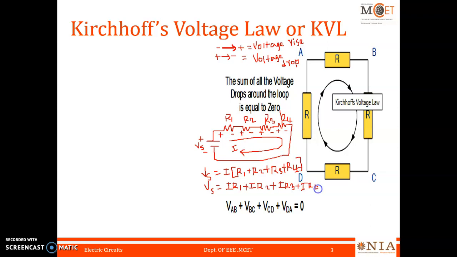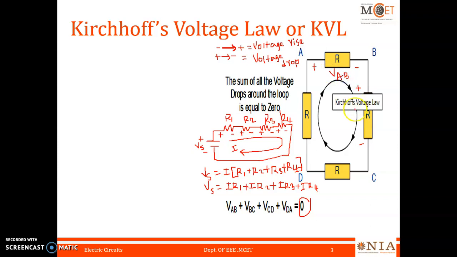From this expression, we can say that according to Kirchhoff's voltage law, the algebraic sum of the voltage rises is equal to the algebraic sum of the voltage drops in the closed circuit. In this circuit there is no voltage rise, hence it is written as 0. All the other elements are voltage drop elements. The voltage across the resistive element at terminal AB is VAB.